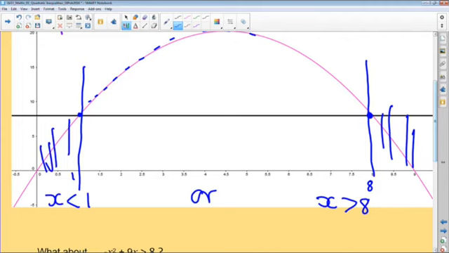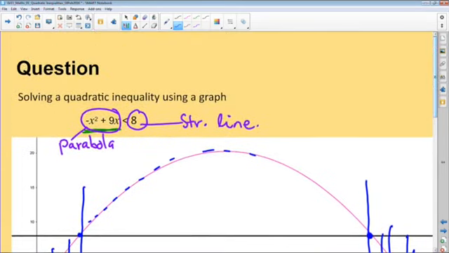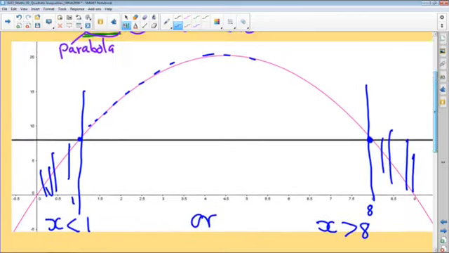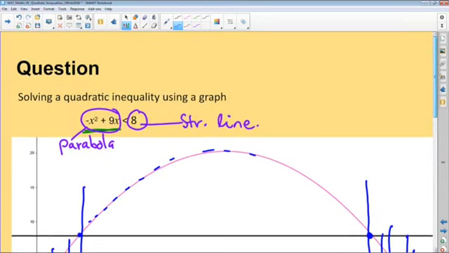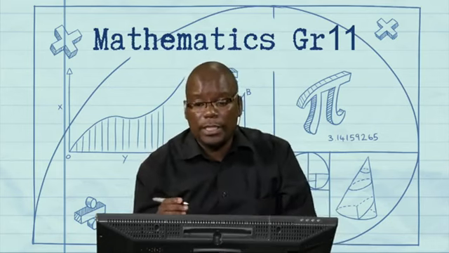Now, guys, to make this easier, we know that x is less than 1 or x is greater than 8. To quickly work it out, we have minus x squared plus 9x less than 8. We can multiply through by a negative. Remember, grade 11s, if you multiply by a negative sign throughout, the inequality sign changes.